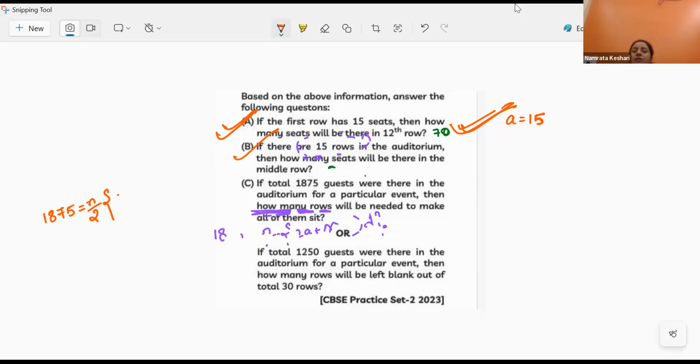If there are 15 rows, the 15th term is the last term, right? Yes, ma'am. If we can find the last term, then we can use the last term formula and it will be comparatively easier to find n, right? Yes, ma'am.